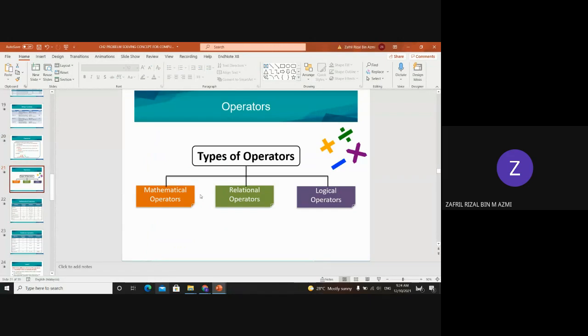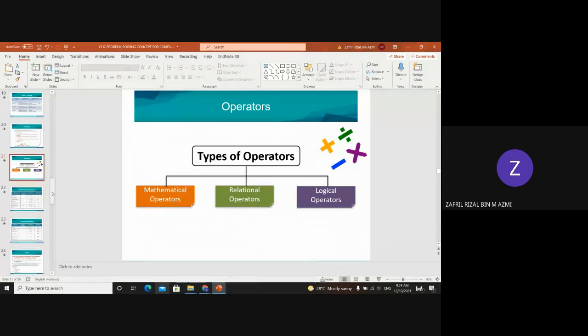Okay, next we are going to look at types of operator. Not many operator. When we talk about operator, it must involve calculation lah. So we have mathematical operator, relational operator, logical operator. I can say that all these operator, the basic how to use it already covered during your school time, sekolah kita dah belajar all these operator.